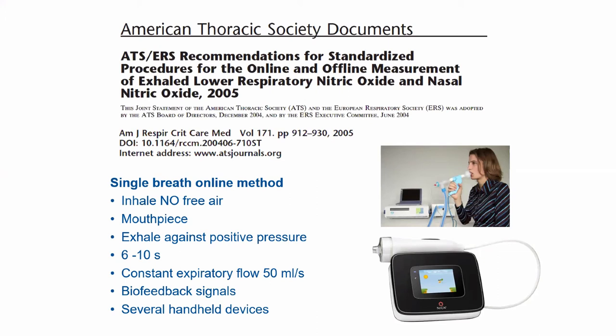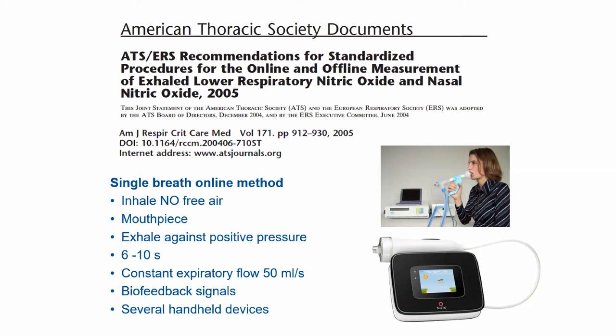It has to be constant flow. If you do too fast an expiration, then you will have a dilution of your FeNO that's produced in the air, and then you have too low values. If you do too slow an expiration, then your values will be falsely too high.